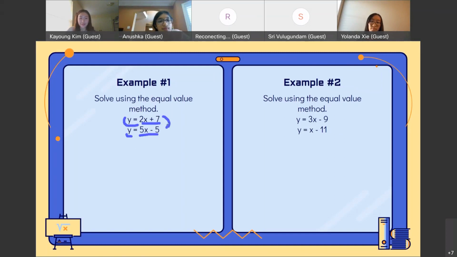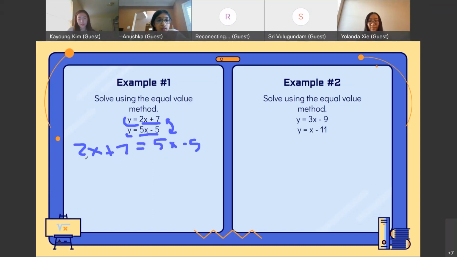So these two have to be equal, right? So you just set them equal to each other. So you would set 2x plus 7 equals 5x minus 5. And you stack them together, and so that would be 7x equals 2, I believe.